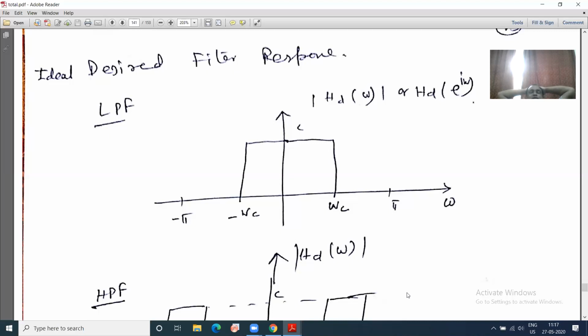Okay, so with these 8 steps your filter design steps are completed.